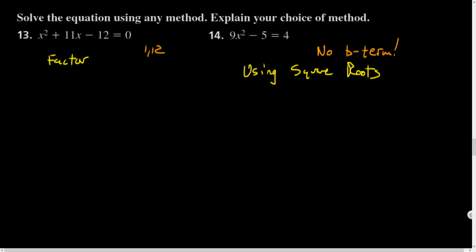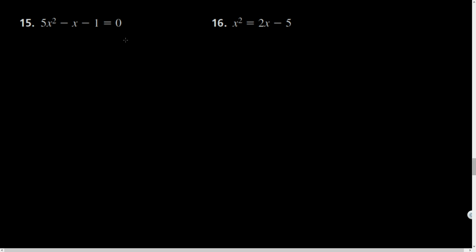But yeah, quad form. Eventually you can solve using whatever way you want. So I could have added 5 to both sides, divided both sides by 9, rooted plus or minus. Would have been good.